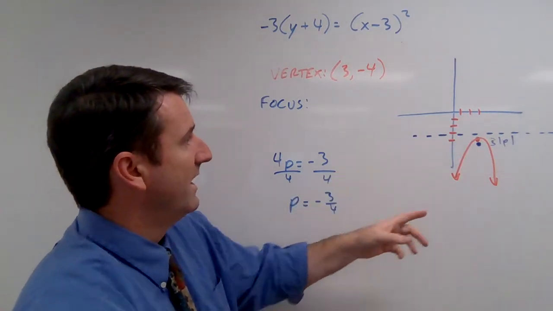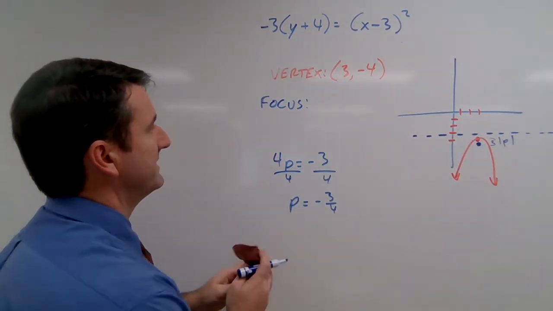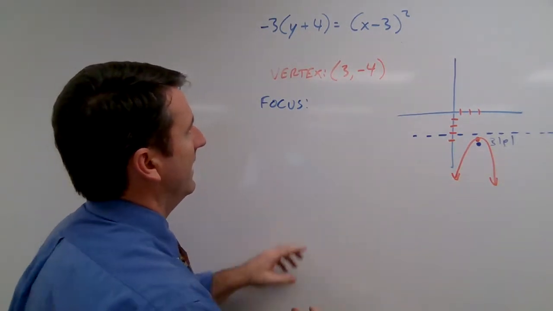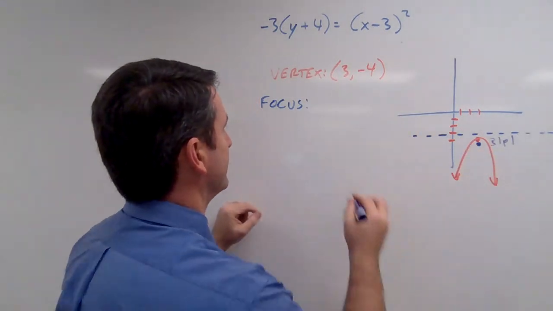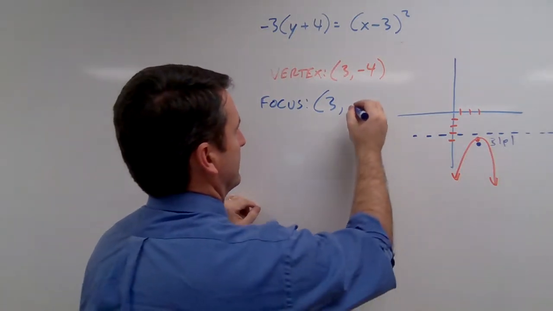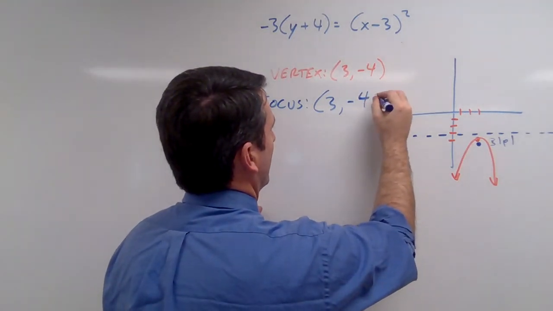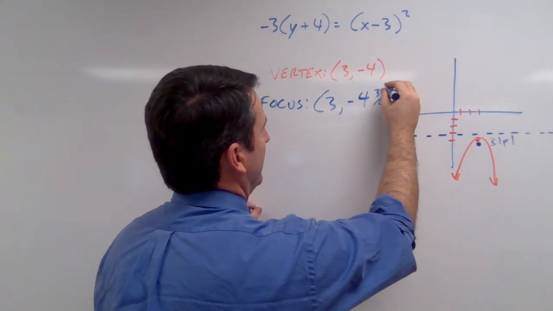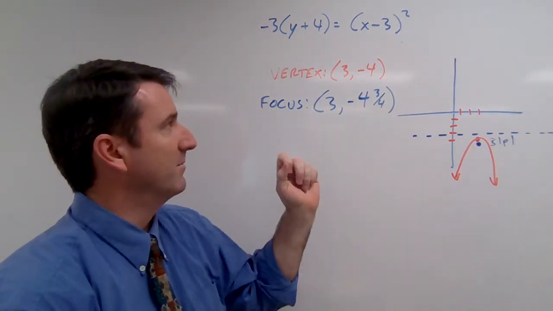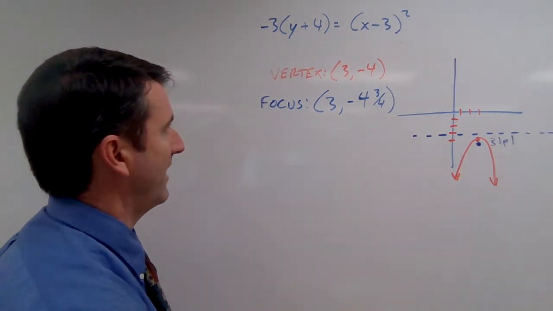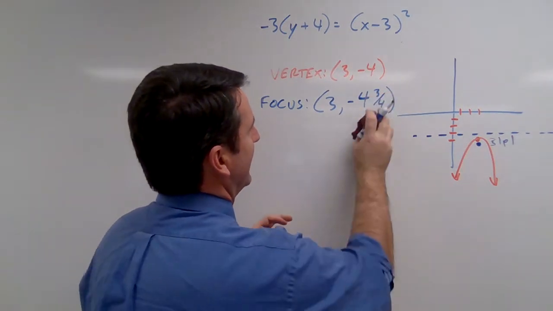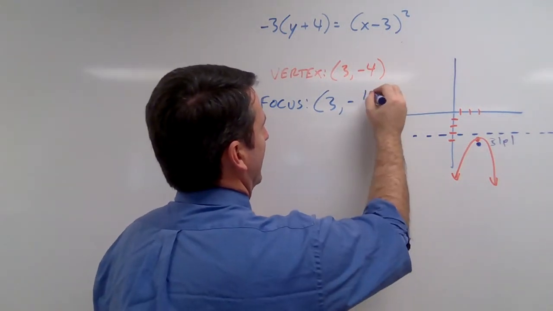We're going to go down 3/4 from our vertex, and that's going to be where our focus is. So our x-coordinate is going to stay the same, but our y-coordinate, we're going to go down another 3/4. So that's going to be -4 3/4. And actually, instead of putting it as a mixed number, let's put it as an improper fraction. So 4 times 4 is 16, plus 3 is 19. So it's going to be -19/4.